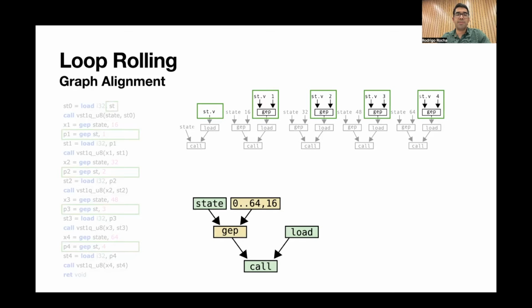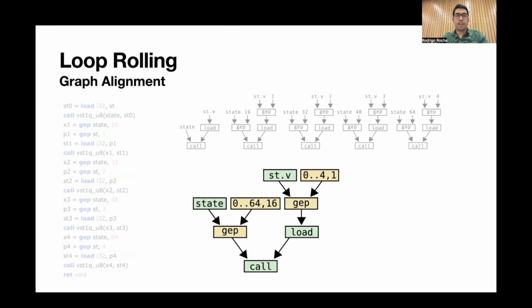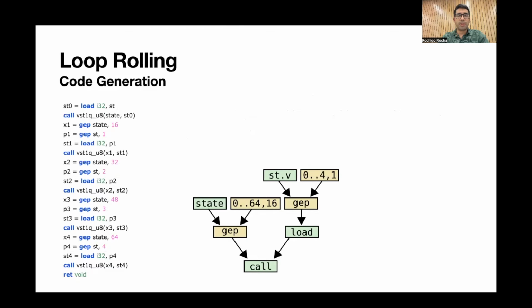So we can assume that the first case has an offset of 0. And again, we'll just insert this gap instruction here that uses the st.v variable as the left operand. And the right operand is the sequence from 0 to 4 incremented by 1. Now that we have this alignment graph, we will produce the rolled loop for this code on the left side.